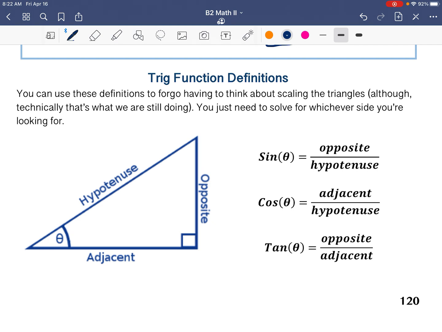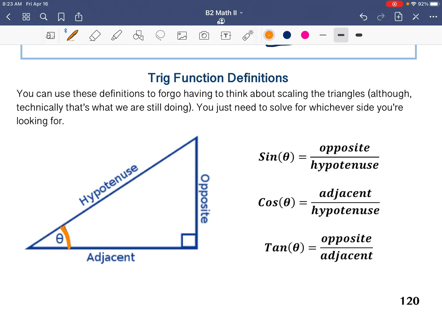something that's super important is being able to recognize which side is opposite, which side is hypotenuse, and which is adjacent. So you always need to know where your reference angle is. So in this picture, my reference angle is in the bottom left-hand corner. The hypotenuse is always going to be the longest side. It's always going to be the side that's not touching the right angle. So your hypotenuse is usually pretty easy to identify.